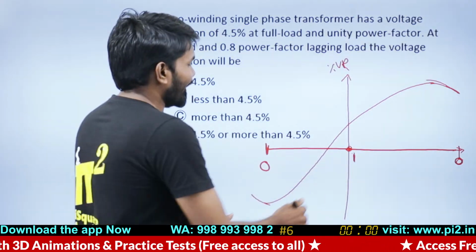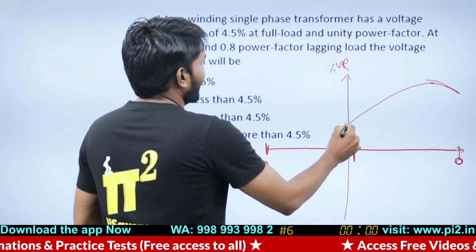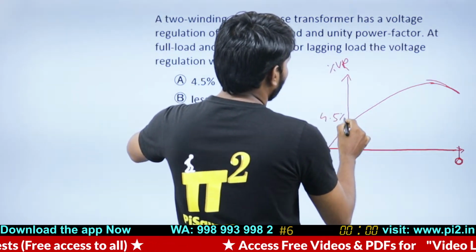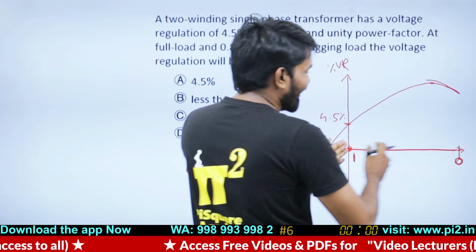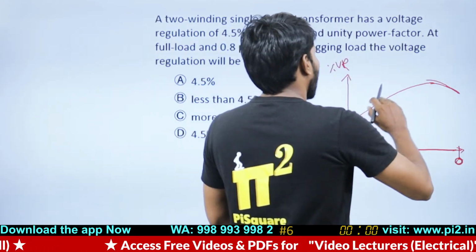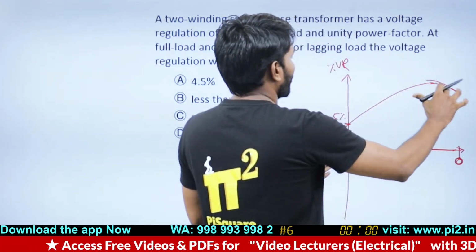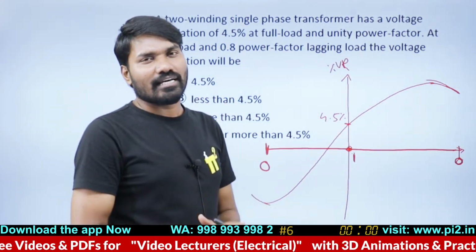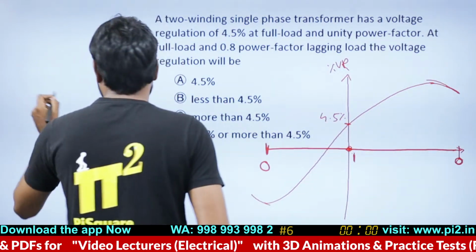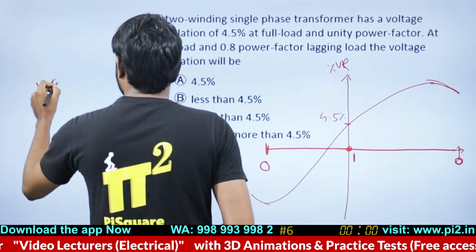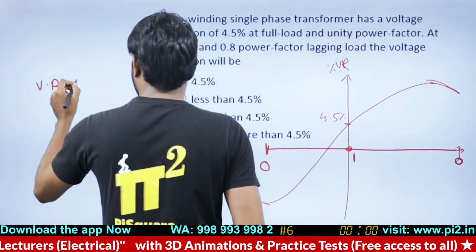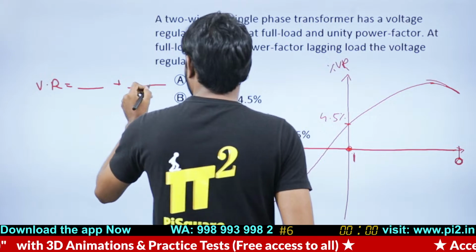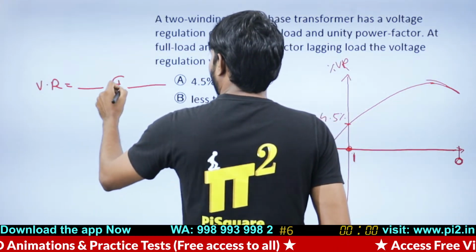Now at unity power factor, it is said to be 4.5% voltage regulation. Definitely when you're going to the lagging power factor, it is higher than whatever is there at unity power factor. If you know the formula directly, you can say the voltage regulation formula has two terms, per unit or percentage regulation, plus something, and this plus is for lagging.